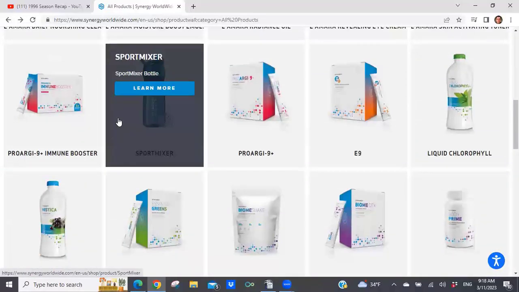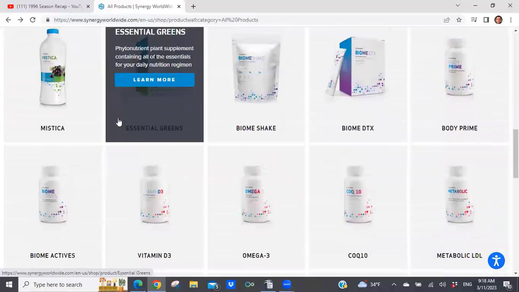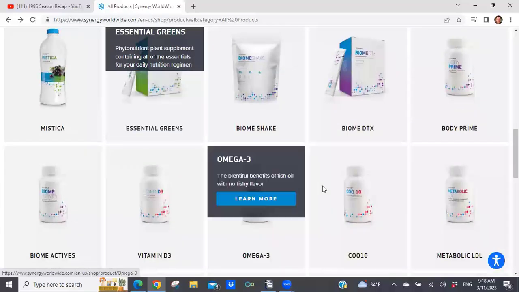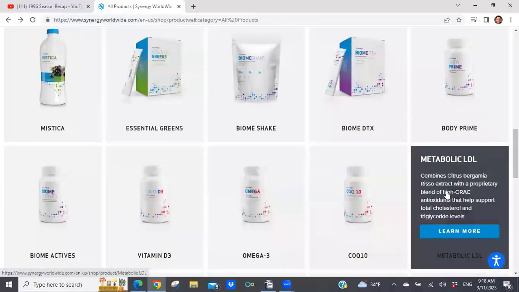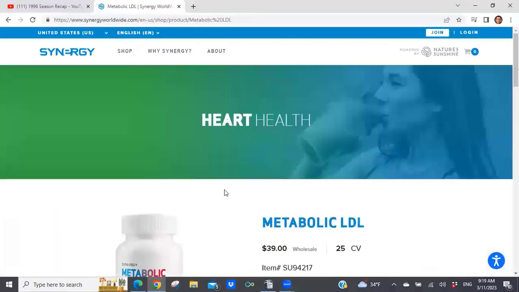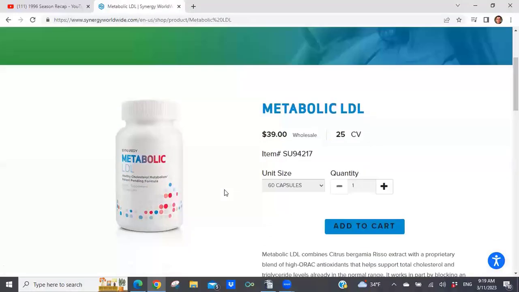Now, the next product that I would go to, if I was looking to increase my antioxidant intake, is Metabolic LDL. Metabolic LDL is specifically designed to help reduce the potential for oxidized cholesterol.